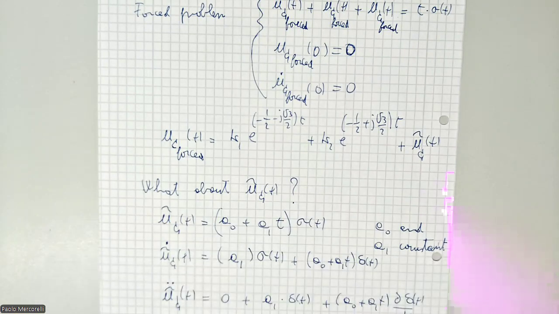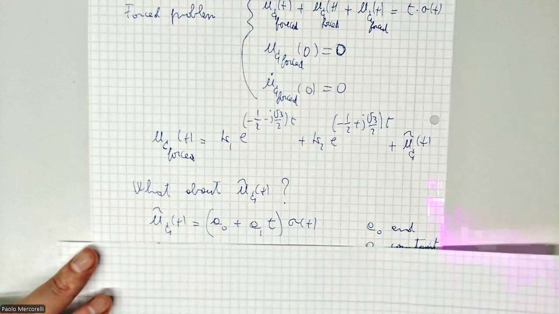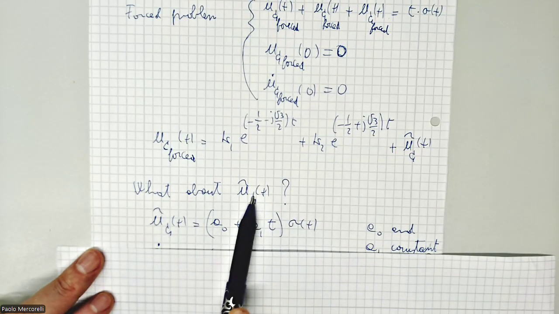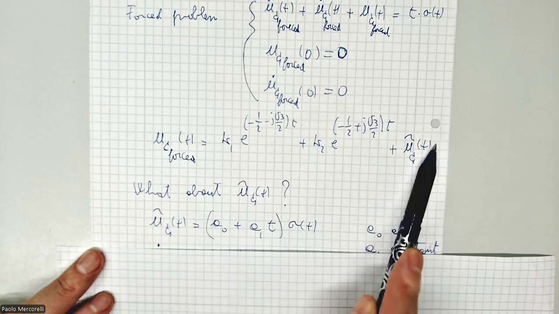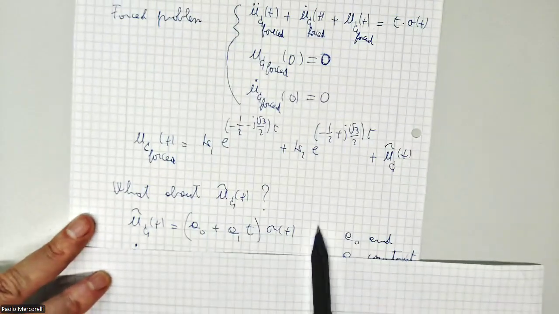Let me nevertheless show this aspect here. Why am I supposing that this tilde C, this particular form of the solution, takes into account this contribution and consists of this form here?